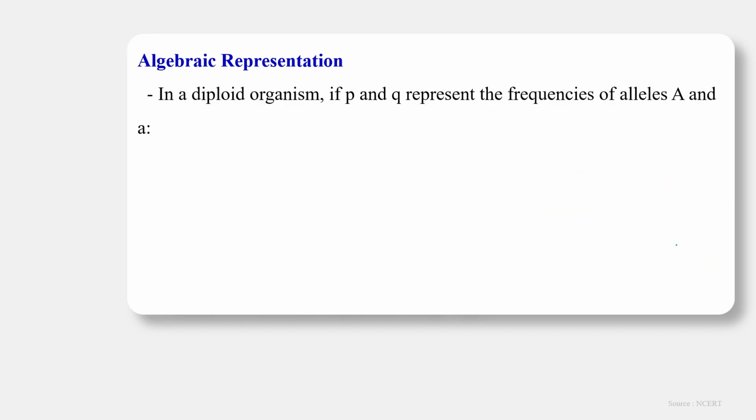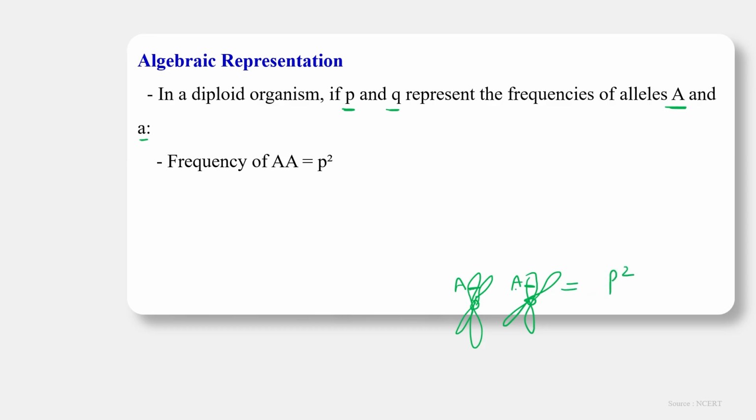So in a diploid organism, if p and q represent the frequency of allele capital A and allele small a, what is the frequency of AA? Just now we discussed it.